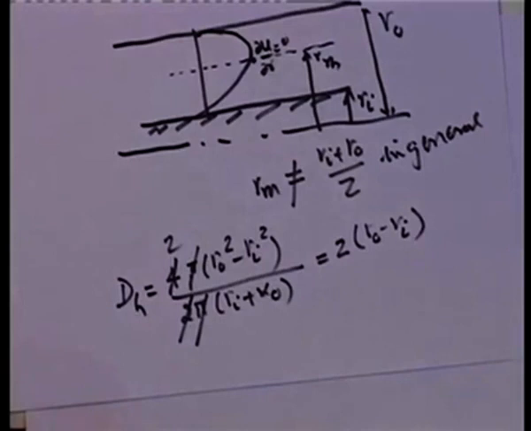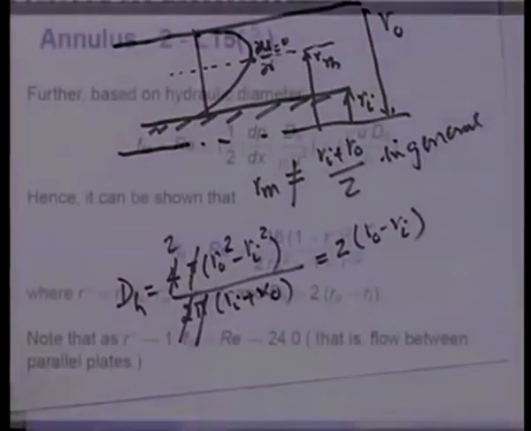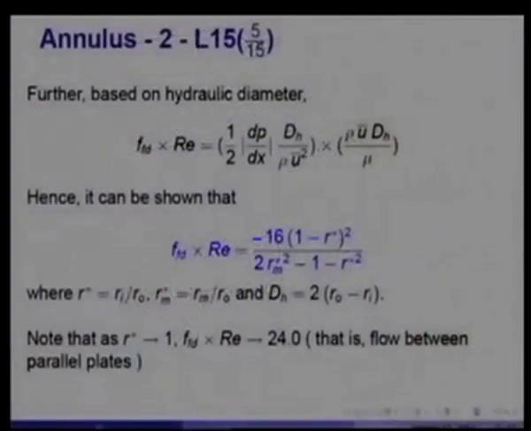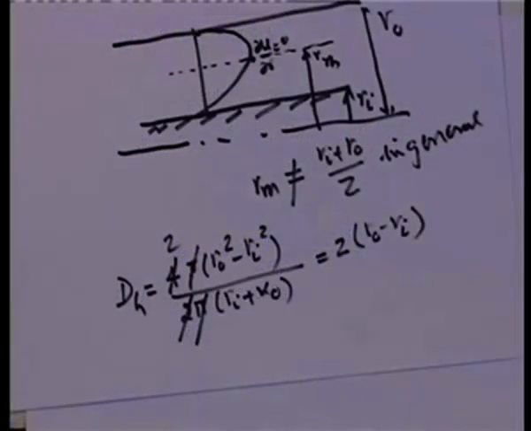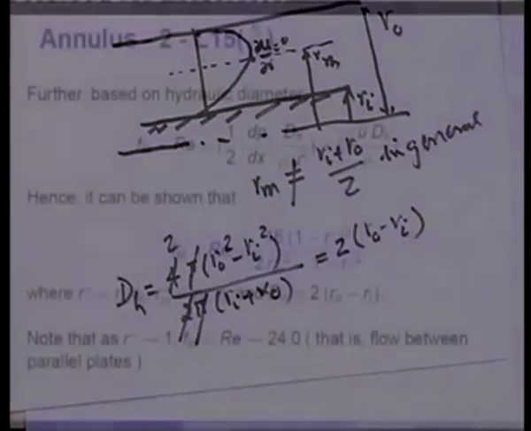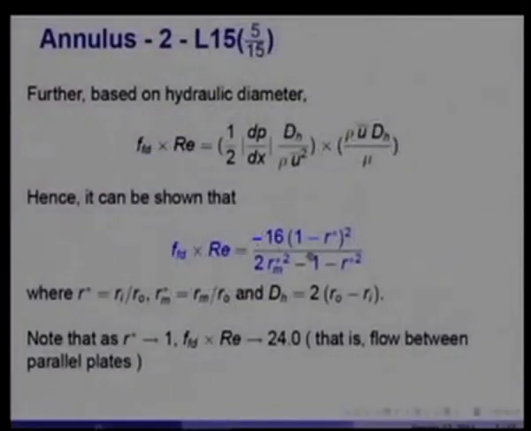So, twice the flow width, r_O minus r_I, is the hydraulic diameter. If I use that definition of hydraulic diameter, it is very easy to show that f times Reynolds number would be 16 times (1 minus r star squared), where r star is the radius ratio of the duct, r_m star is r_m by r_O, and d_H is 2 times (r_O minus r_I), the hydraulic diameter.